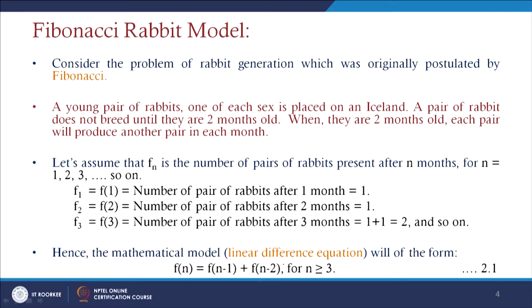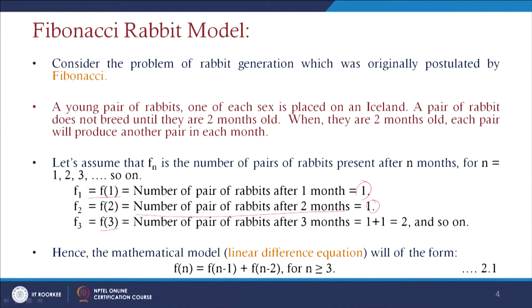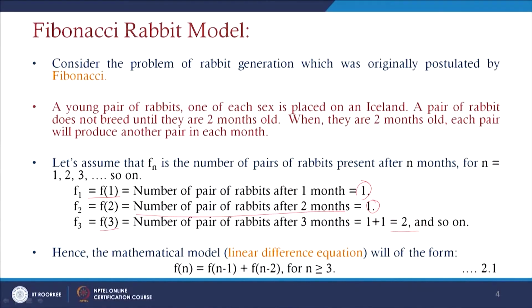For the first month, f_1, the number of pairs of rabbits after 1 month, is 1. f_2, the number of pairs after 2 months, will also be 1, since after 2 months they can give birth to 1 pair. f_3, the number of pairs after 3 months: first 1 pair was there, and they have given 1 pair, so the total is 2. After this it continues, with the newborns giving birth after 2 months again.